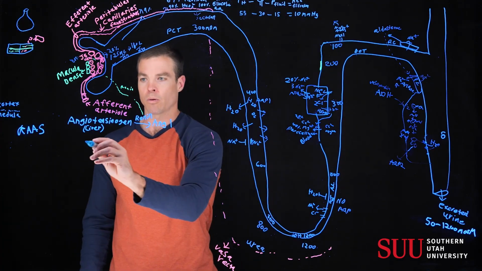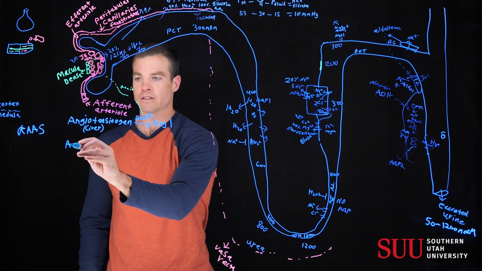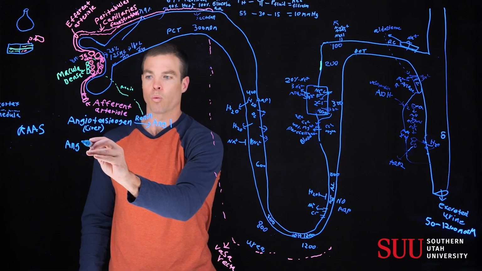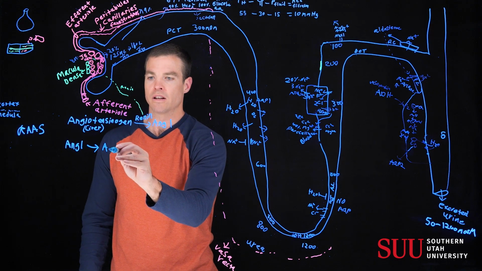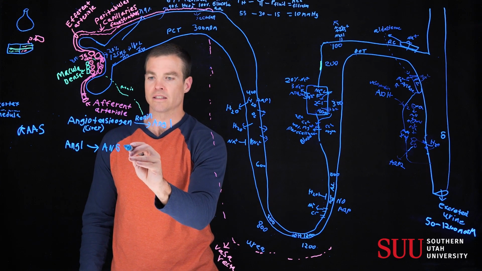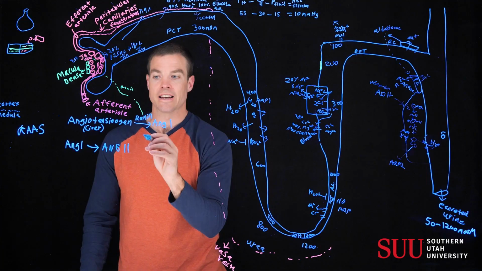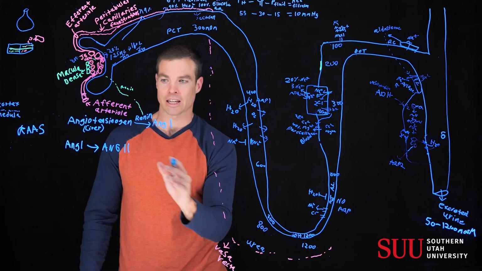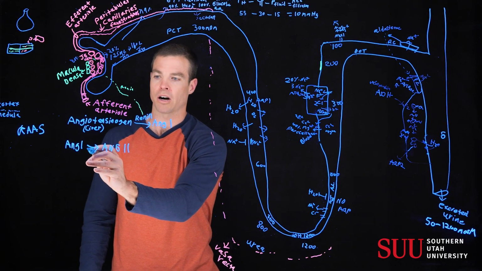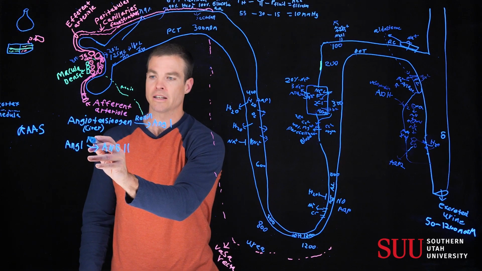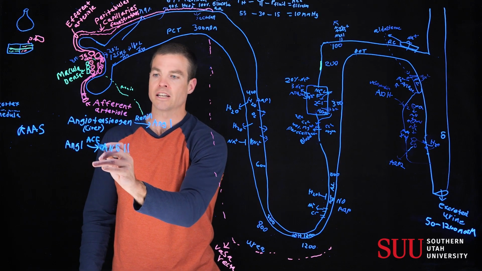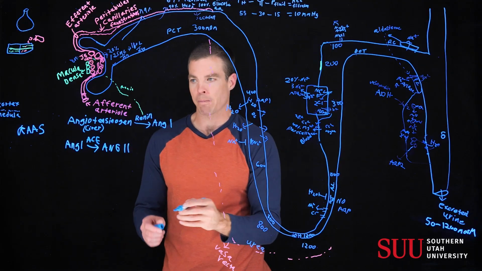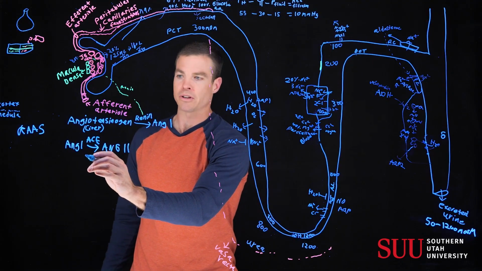Instead, well, right here, we'll take angiotensin 1 and we're going to convert that to angiotensin 2. Now, angiotensin 2 is what does everything. But what does this part? This is going to be done by ACE, angiotensin converting enzyme. And this is found in epithelial tissues.